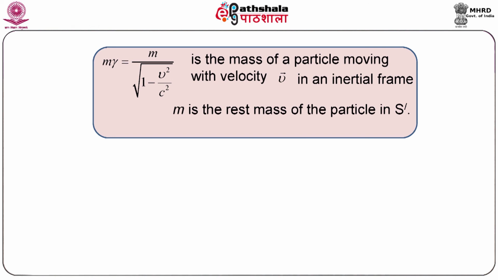We have already mentioned that a frame moving with uniform velocity with respect to a fixed frame is an inertial frame. Here S is a fixed frame, S dash is moving with respect to S with uniform velocity v vector, so S dash is an inertial frame. M is known as the rest mass of the particle in frame S dash.